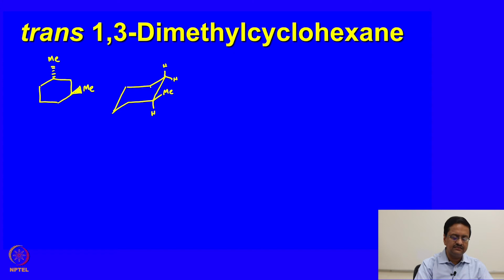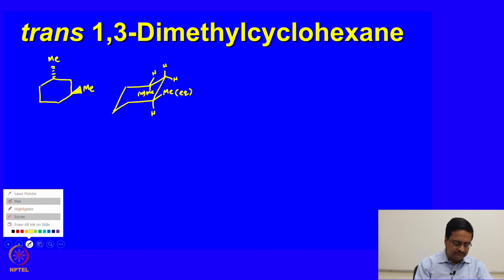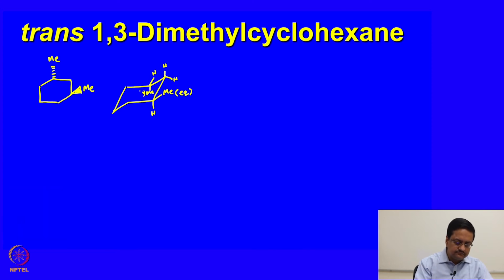The third carbon has a methyl group, but if this methyl is up, the other methyl is supposed to be down, so the methyl is here and that hydrogen is there. So it is very clear that if this is in the equatorial position, that is in the axial position in the third carbon atom.